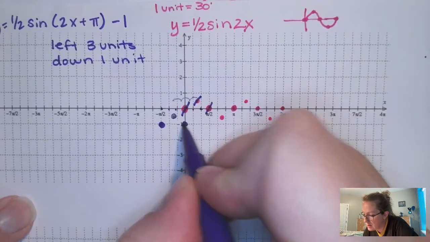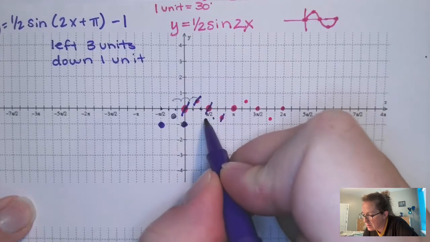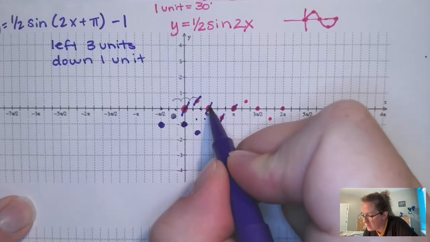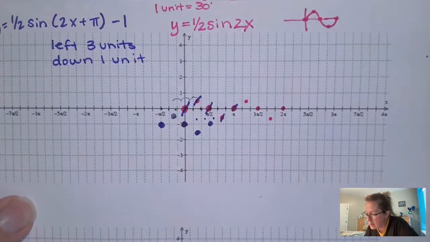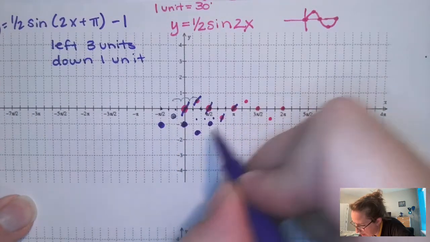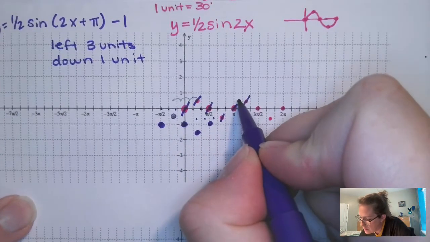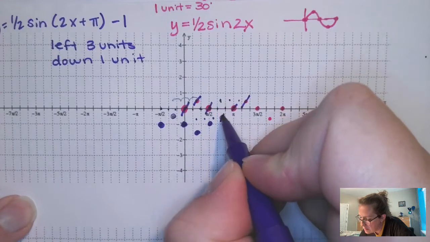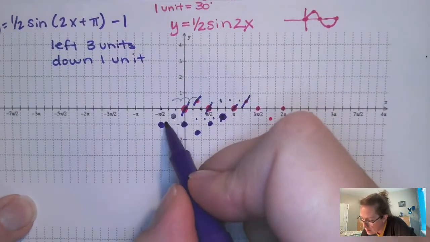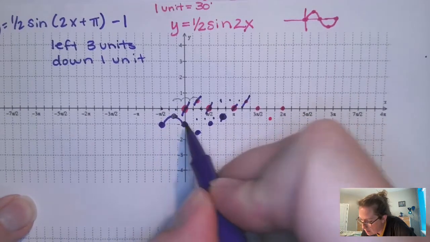Down a unit. Again, left 1, 2, 3, down a unit. Whoa, does that look right? Yeah, that's right. And then left 1, 2, 3, down a unit, which actually ends up being at the same spot. Okay, so we can do our little curve here.